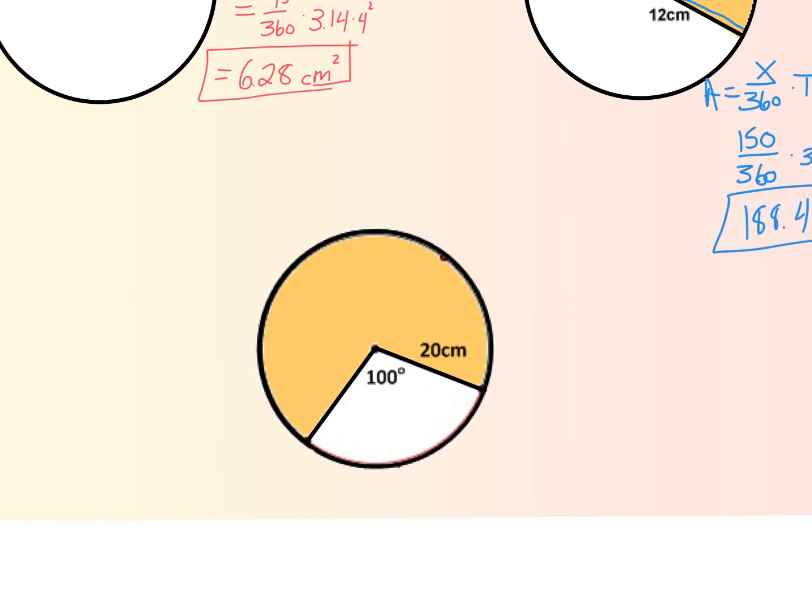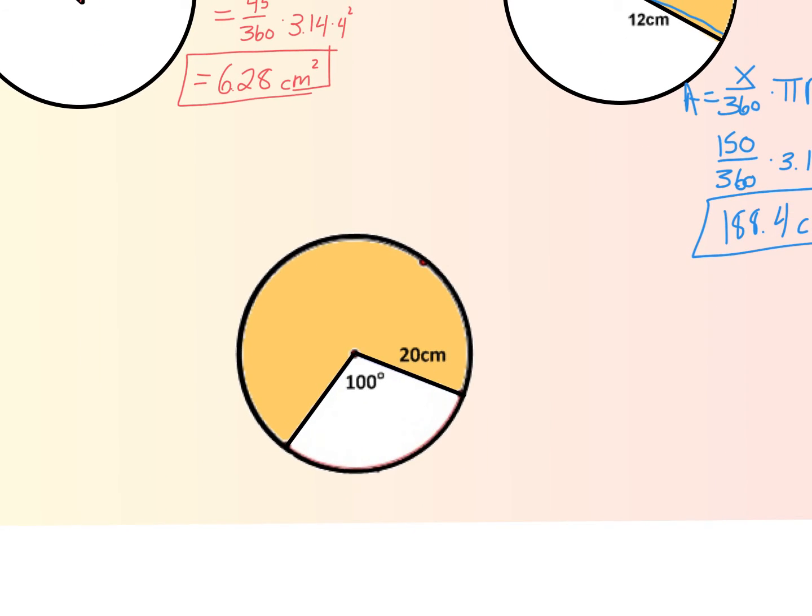Now the last one's a little tricky because they give you the angle measure for the unshaded region. So what we need to find for our x is we need to find what that shaded angle is. So to do that, you're going to take your full circle, 360, and subtract the 100 that they give us there.